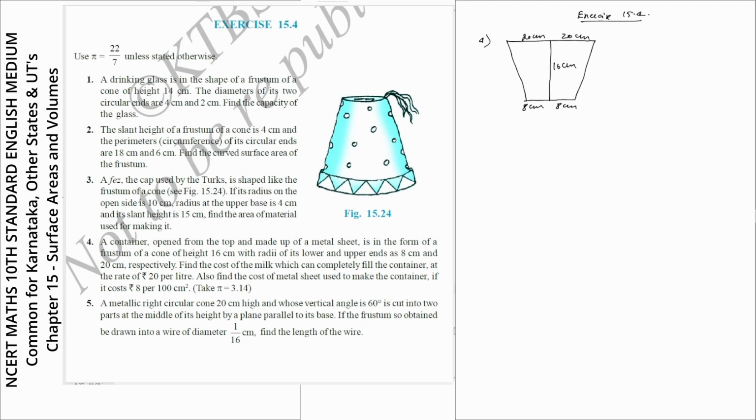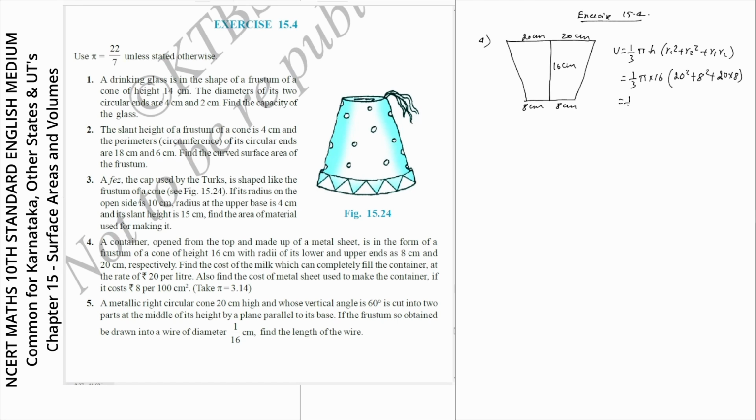Okay. So volume of the frustum is given by 1 by 3 into pi into h into r1 square plus r2 square plus r1 into r2, where r1 is the radius of the bigger circle and r2 is the radius of the smaller circle. So this is equal to 1 by 3 pi into h is 16, so into 16, r1 is 20 square plus r2 is 8, so 8 square plus r1 into r2, so 20 into 8.